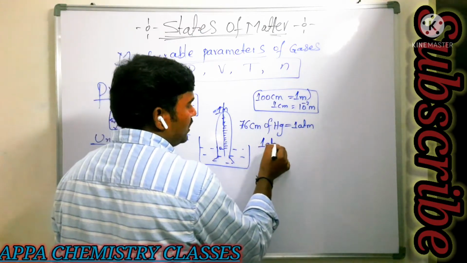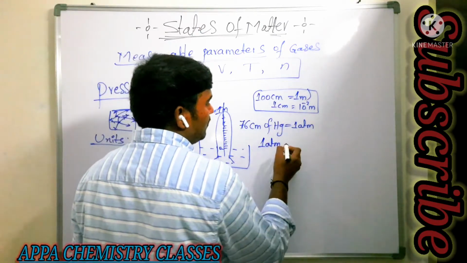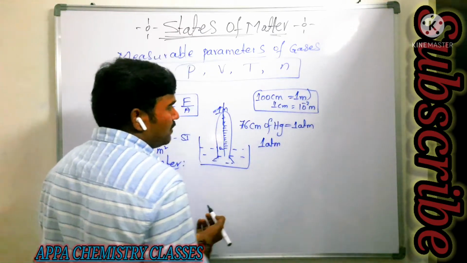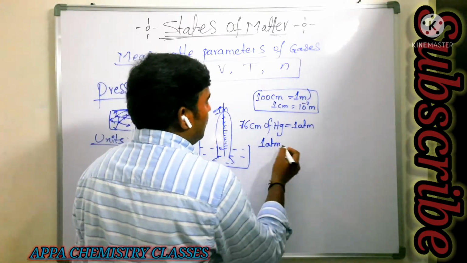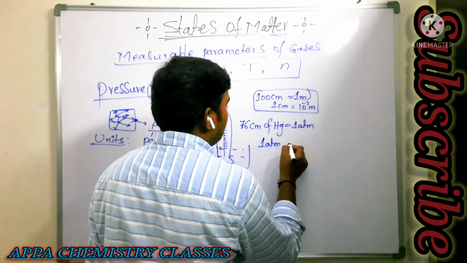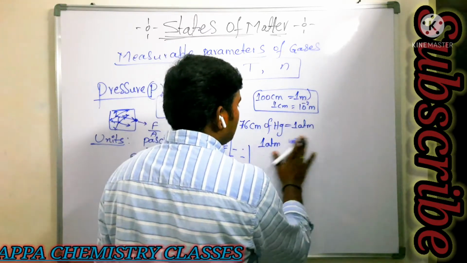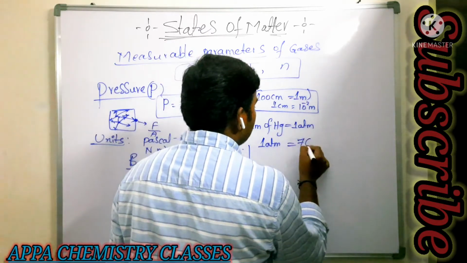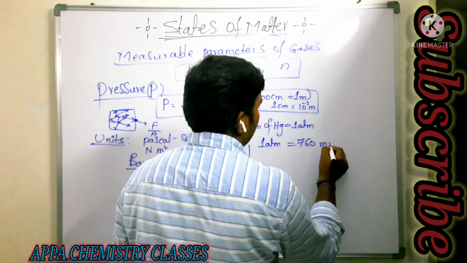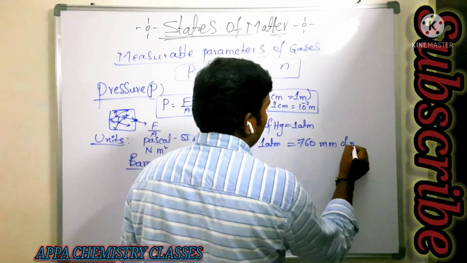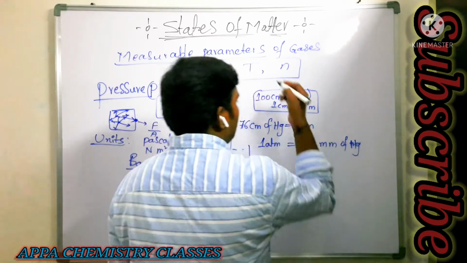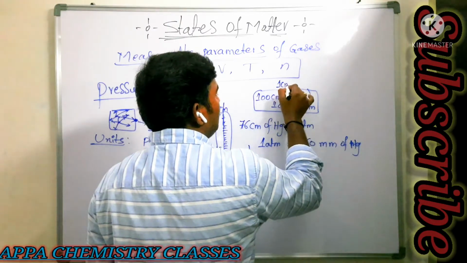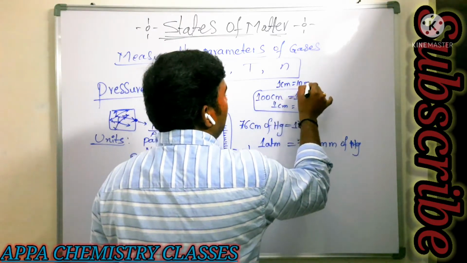So 76 centimeter of mercury is 1 atmosphere pressure. It is also written that 1 atmosphere is equal to 760 mm of mercury. Here 1 centimeter is equal to 10 millimeters.